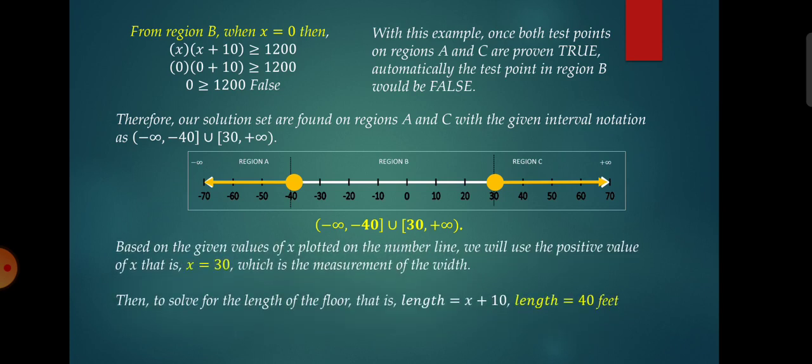Based on the given values of x plotted on the number line, we will use the positive value of x, that is positive 30. There are two values, right? One is negative 40, the other is positive 30.